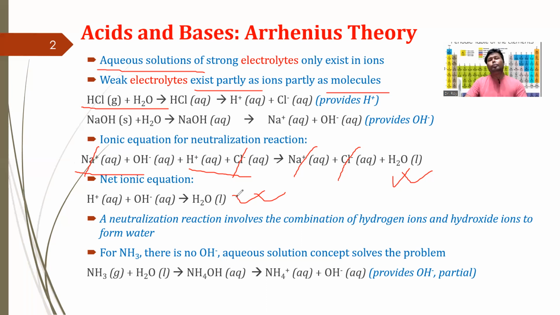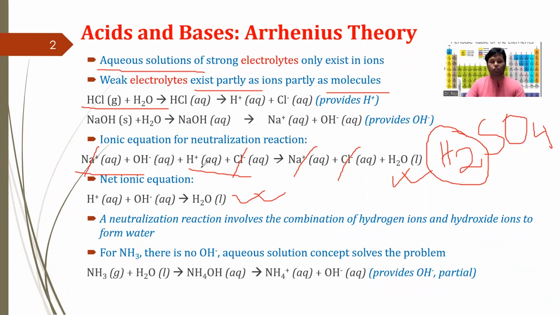If we consider sulfuric acid, which is H2SO4, when we dissolve it into water, the H2 is given as 2H plus. Then to react with the OH, we need 2 OH minus.